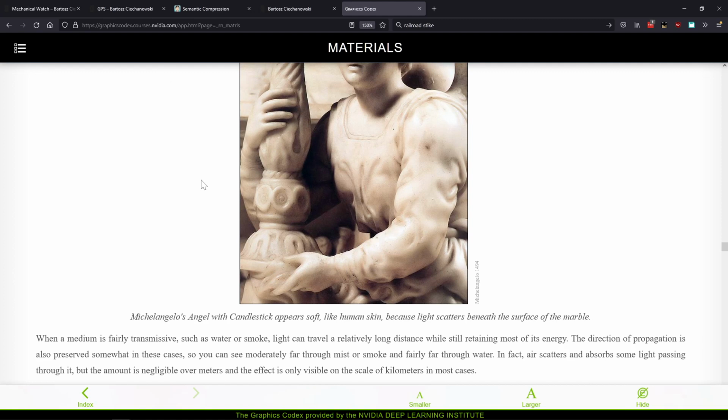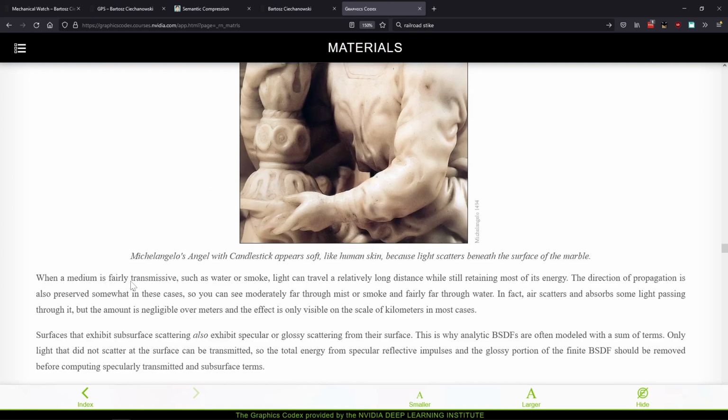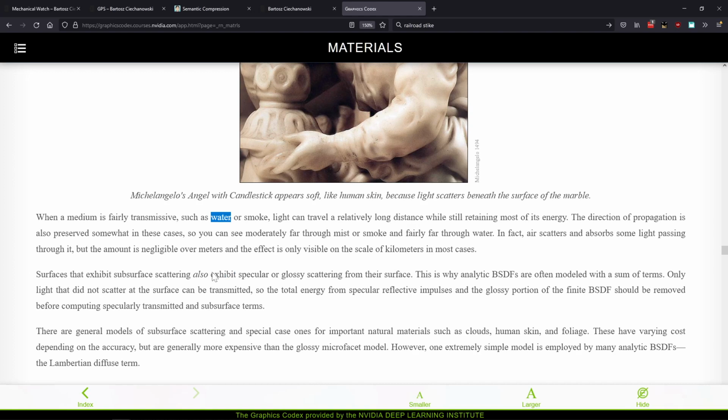So it will transmit into the material. Yeah, transmissive. Of course, the light can travel very far, whereas with skin, it doesn't travel that far.